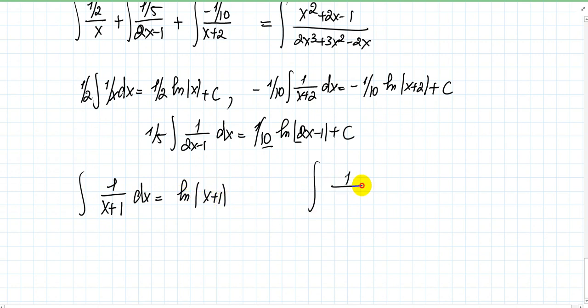But if you would like to integrate 1 over kx plus 1 dx, this will be ln of kx plus 1 divided by k, because once you take the derivative of this part, it will be 1 over kx plus 1, multiplied by the derivative of kx plus 1, according to the chain rule. What is the derivative of this one? It is k, right? And this will be cancelled with this 1 over k, and you will have exactly this function. Okay? So this was the first part.